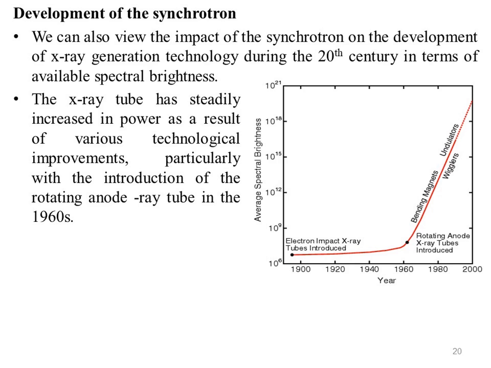The curve then arced upward dramatically with the introduction of the synchrotron. You can see here the electron impact X-ray tubes introduced, and then rotating anode X-ray tubes introduced in this era, and then bending magnets, wigglers and undulators. This is the development of the synchrotron.